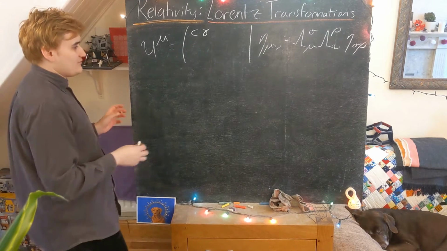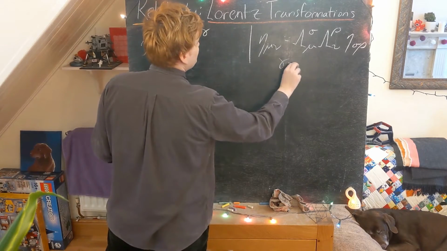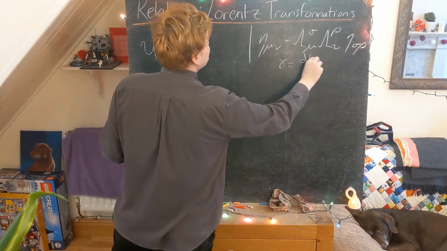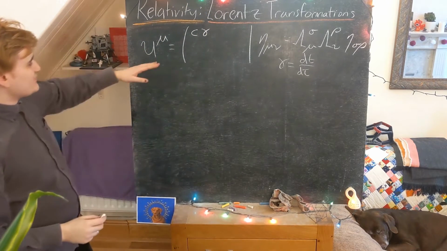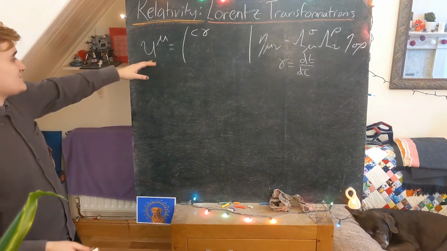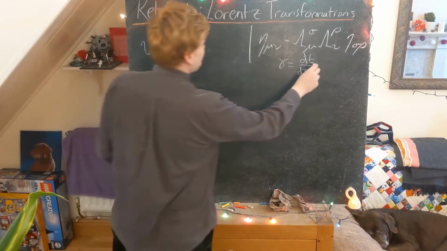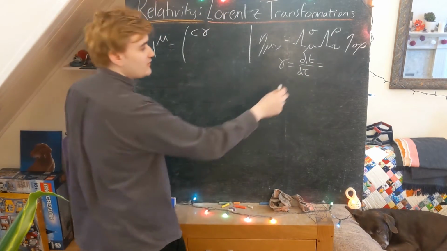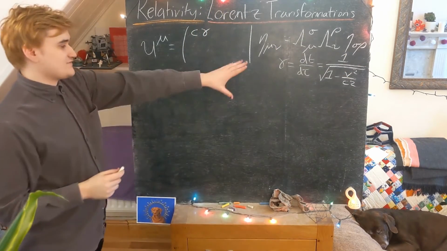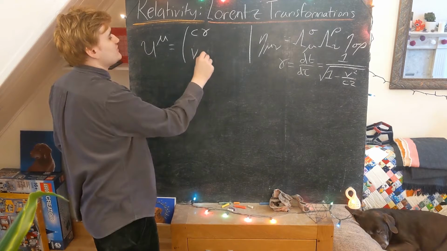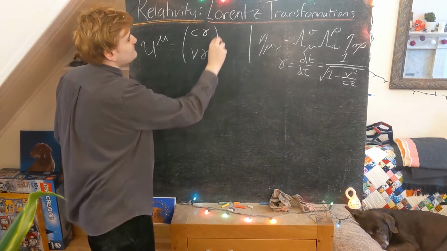But if you remember, we briefly defined gamma to be dt by d tau, and then we saw that we can use the normalization of this four-velocity to arrive at the following expression for the Lorentz factor, where this v is now the coordinate velocity that appears in the Lorentz factor.